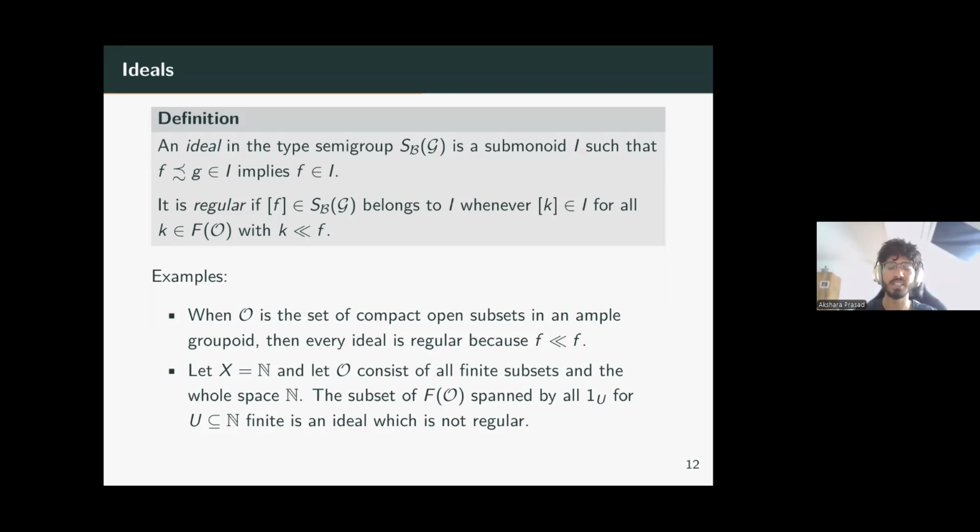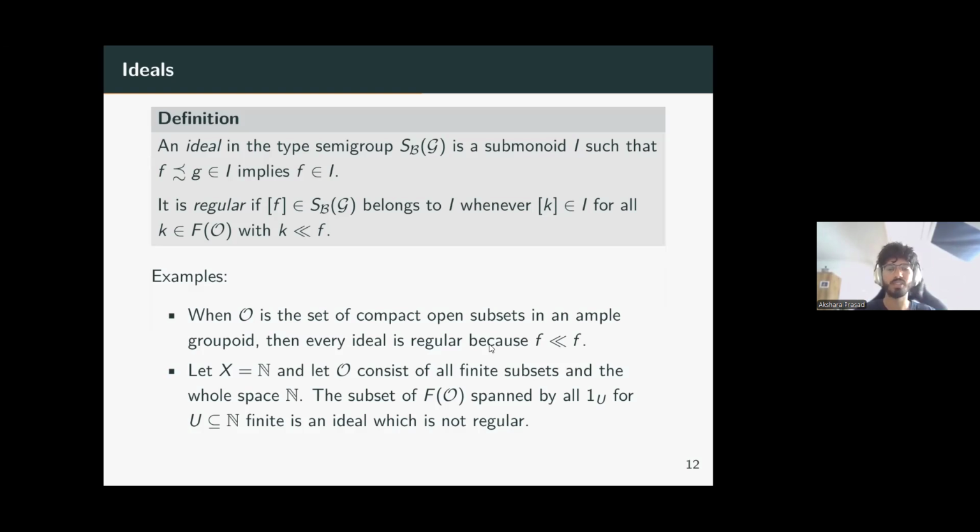And is it true that all ideals are regular? No. If you take a groupoid with the unit space as natural numbers with the discrete topology, and you take O to consist of all finite subsets in the space N, then if you take the submonoid of F of O spanned by all of these functions supported on U's for finite U, then it is not regular, because we want O to be closed under finite unions, not infinite unions.